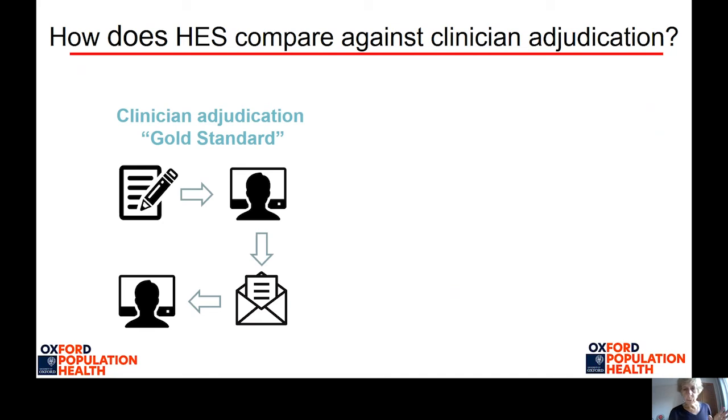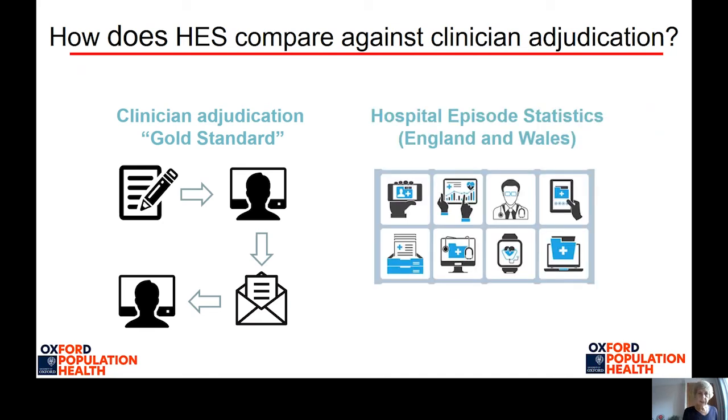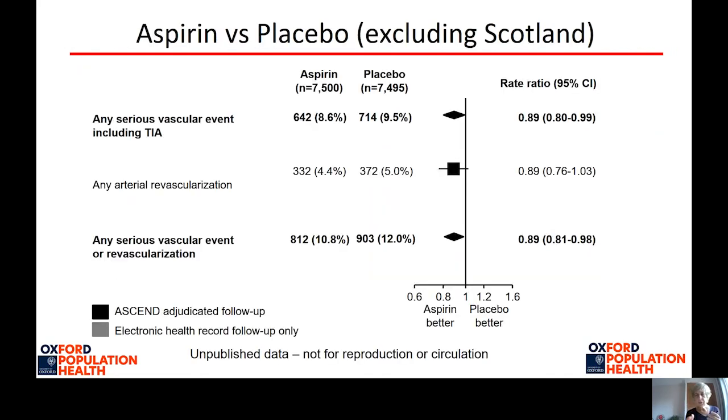And so in ASCEND, we were able to do this because most of our events were actually reported by the participants or by their GPs, and we confirmed the event through the GP, so the vast majority of them were clinically adjudicated events. So we could look and see what would have happened if we had only had access to the hospital episode statistics.